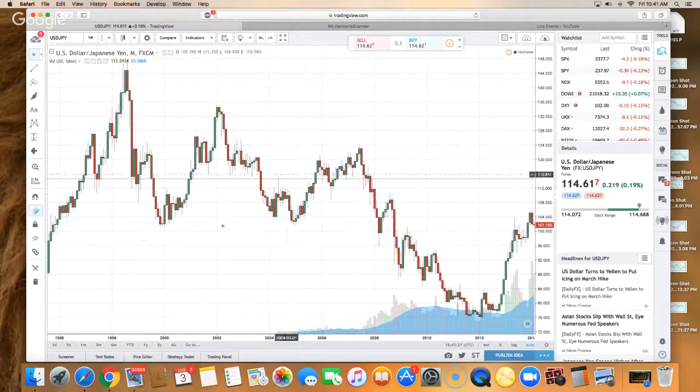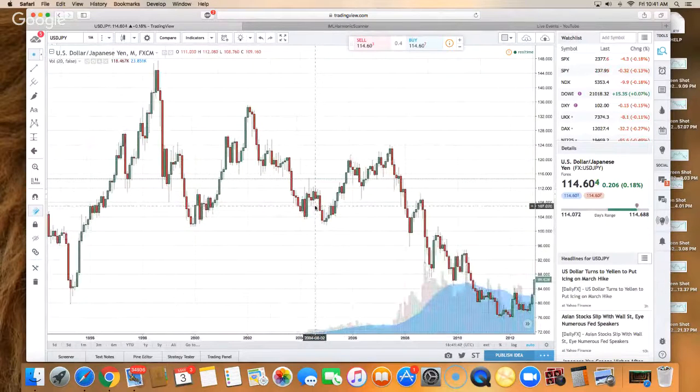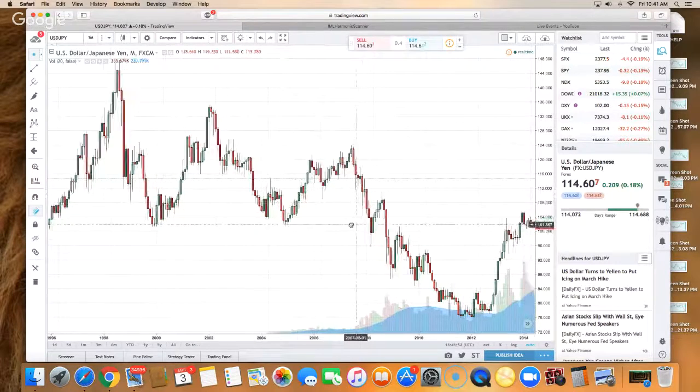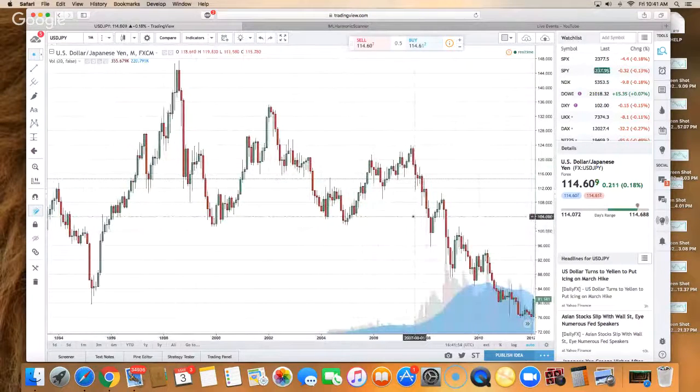If it respects that area those many times, it's probably going to turn the other direction. Now, is that a guarantee? No. Price could actually break through and reach higher or lower levels. However, from what I've seen so far, when it respects these zones, which is support and resistance, then it tends to reverse.